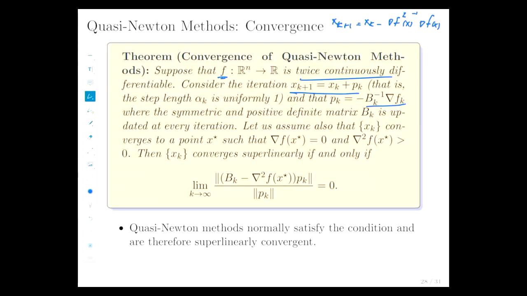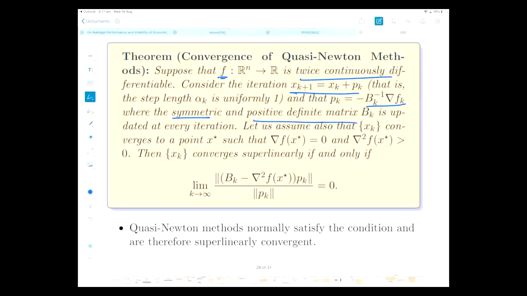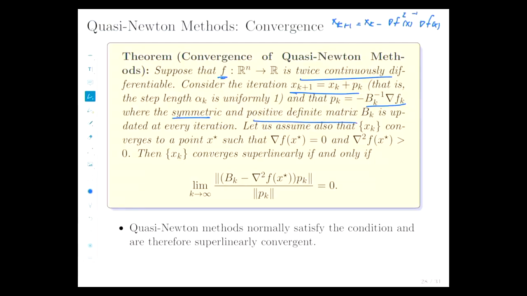Now we are assuming that Bk is a symmetric and positive definite matrix.